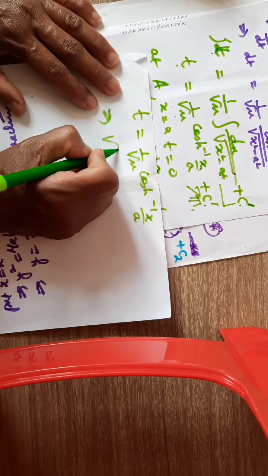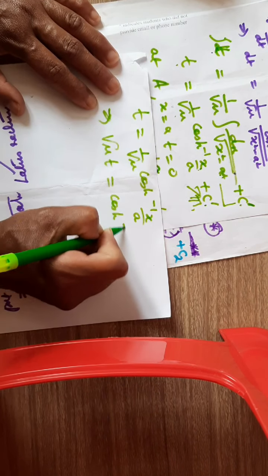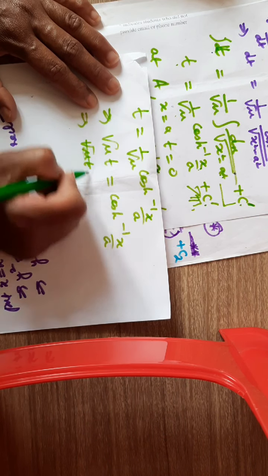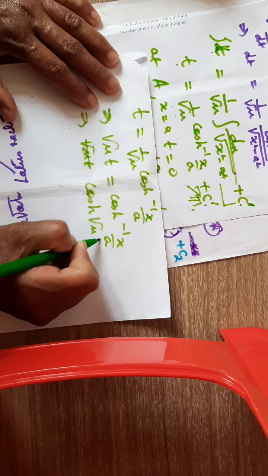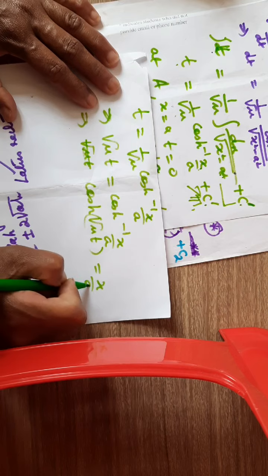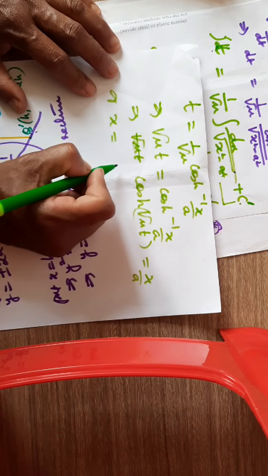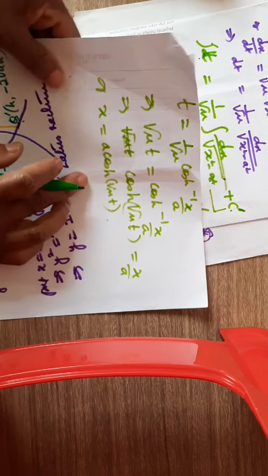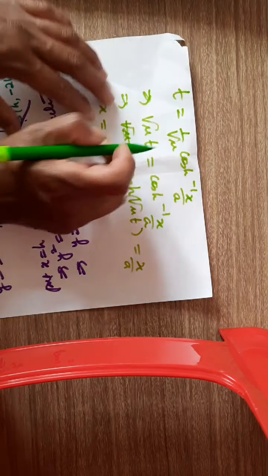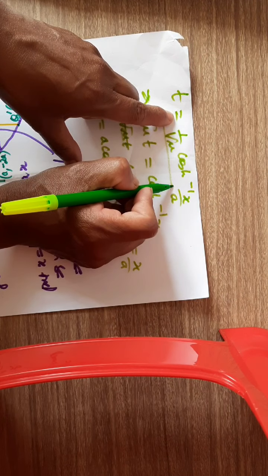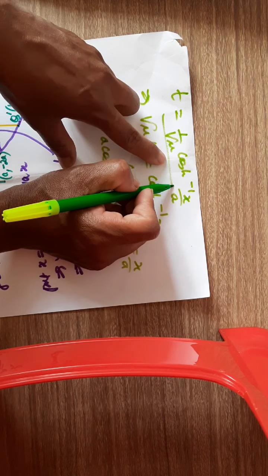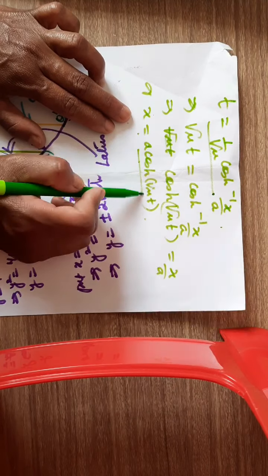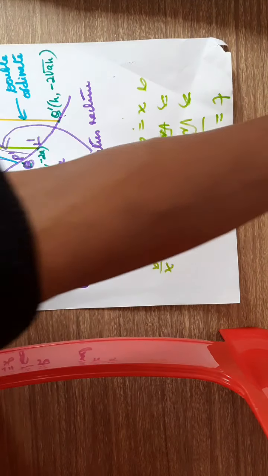Then from here you'll get root mu into t is equal to cos hyperbolic inverse of x by a, which gives you cos hyperbolic of root mu into t is equal to x by a, or x is equal to a cos hyperbolic of root mu into t, which gives you the relation between distance and time. This one will give you the time taken by the particle to travel at time t from that initial position to the center of attraction, and x will be the distance given by this relation. So this is for case 1.